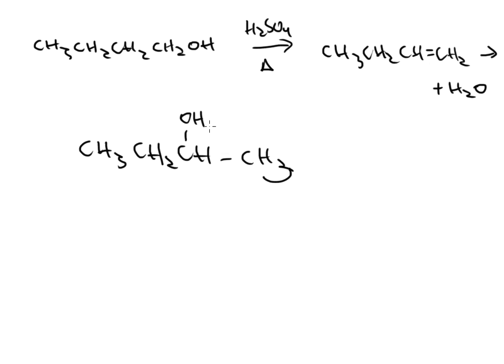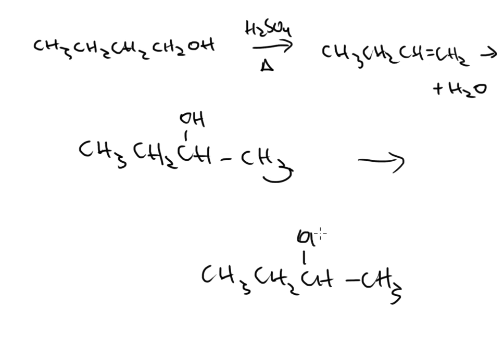Okay, well, we still have sulfuric acid. We still have heat. So an elimination reaction still could take place, which means that reagent, I'm just redrawing it, could become eliminated.